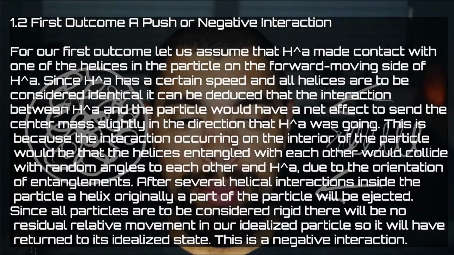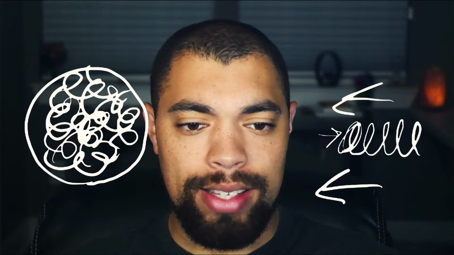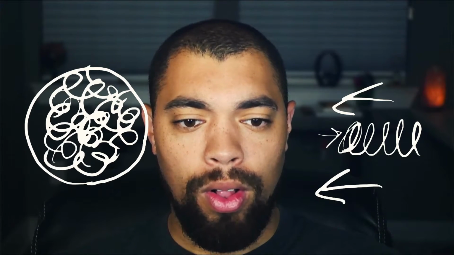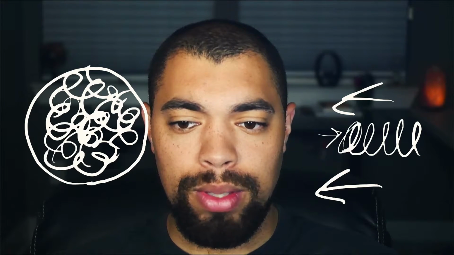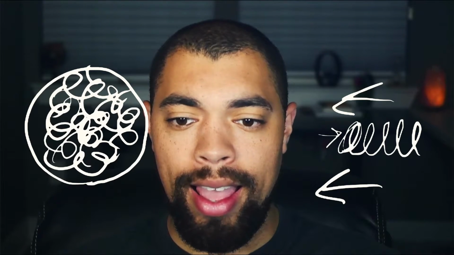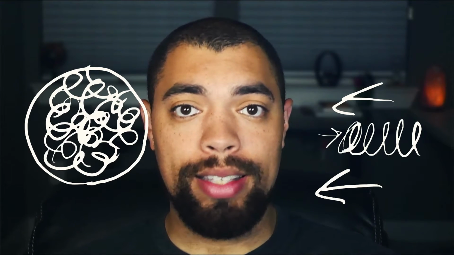So there's a lot there to unpack, but let us look at this sentence. Since helix A has a certain speed, and all helices are to be considered identical, it can be deduced that the interaction between helix A and the particle would have the net effect to send the center mass slightly in the direction that helix A was going.